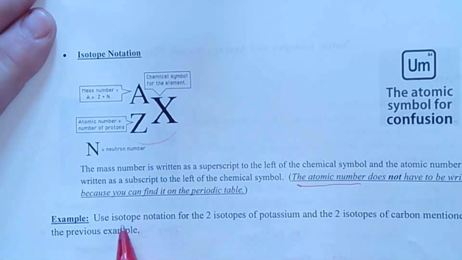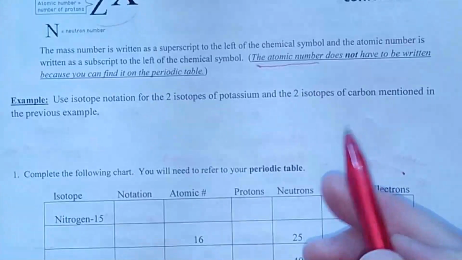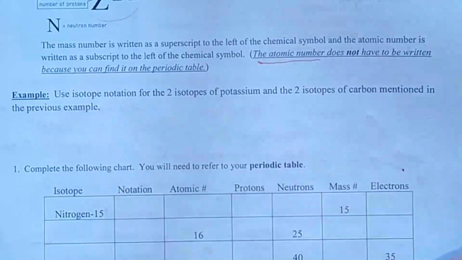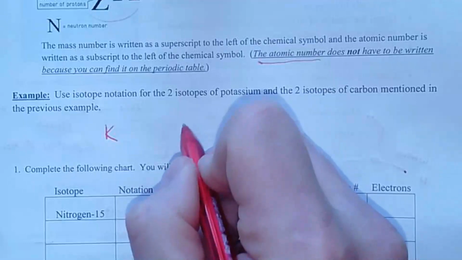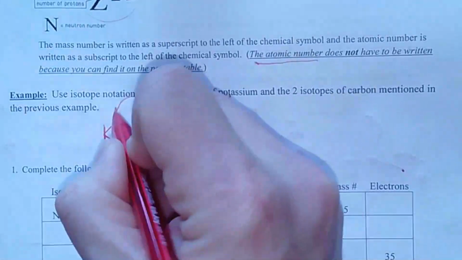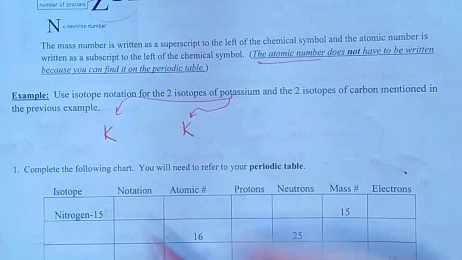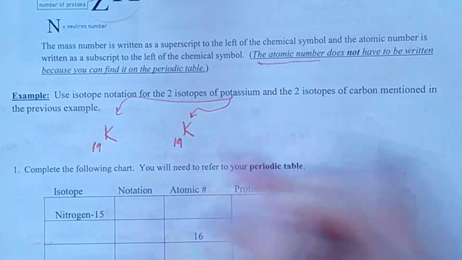So if we want to write the isotope notation for the potassium and carbon isotopes mentioned in the previous example, remember we had potassium 39 and potassium 41. So for the potassium examples, the symbol's K. We know the atomic number for both is 19, so that goes down here.